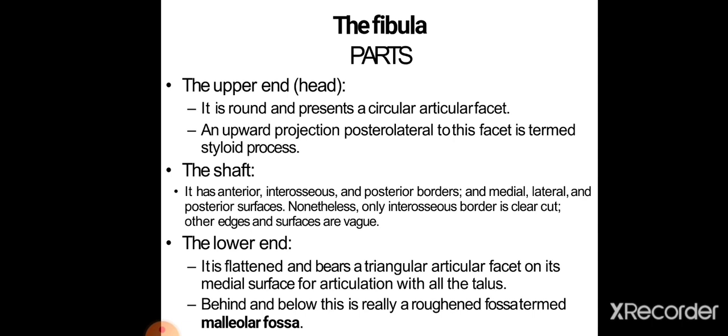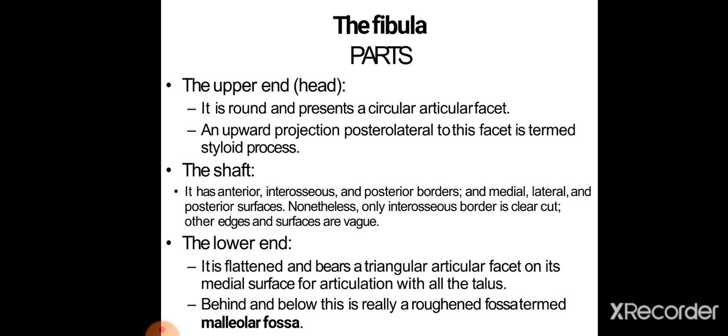Also, an upward projection is found which is posterolateral to this facet. This is known as the styloid process. The shaft has anterior, interosseous and posterior borders and medial, lateral and posterior surfaces. Nonetheless, only the interosseous border is clear cut. Other edges and surfaces are vague.